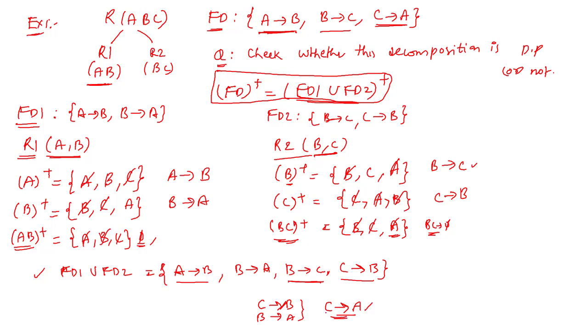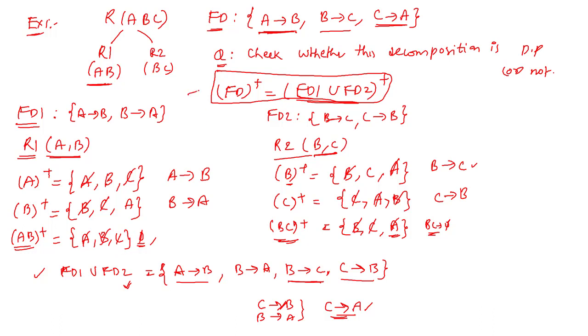So this C implies A indirectly holds in this functional dependency union set, so we can say C implies A is already present in this union. So from this I can say that this decomposition is dependency preserved, okay?